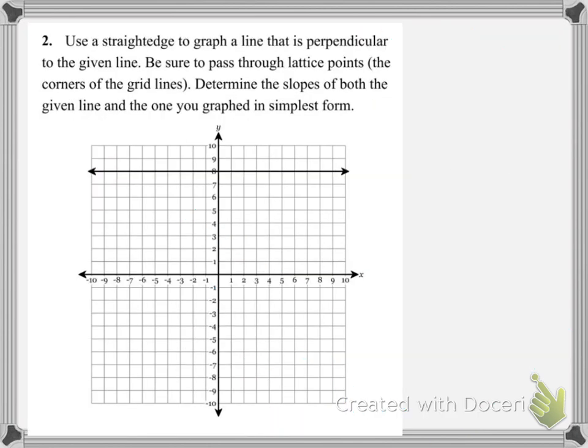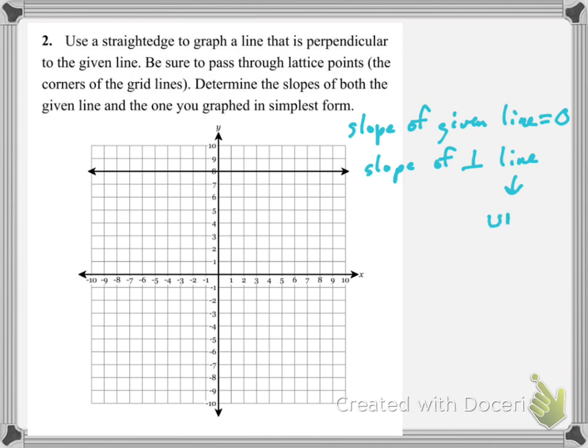Okay, now here we have a horizontal line, which means that the slope of the given line is 0, because it's a horizontal line. The slope of the perpendicular line will be undefined.